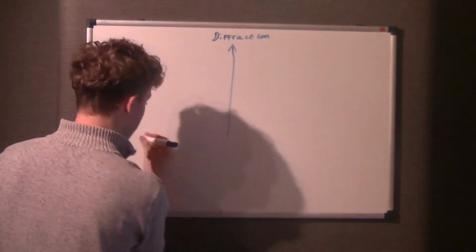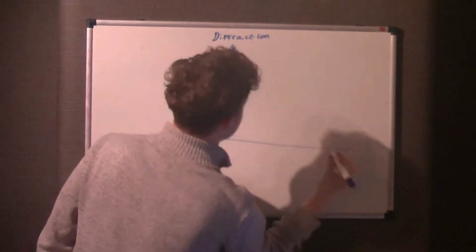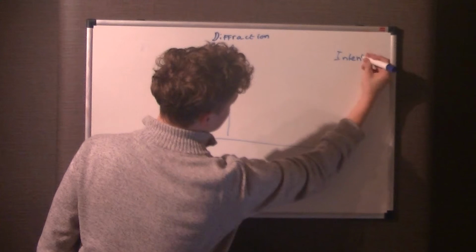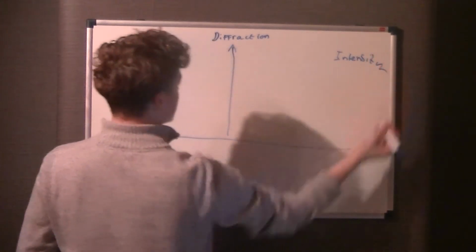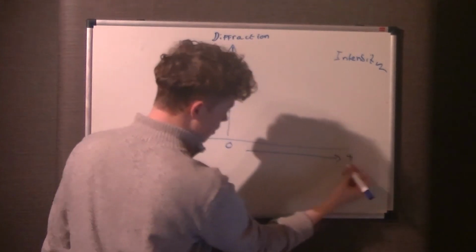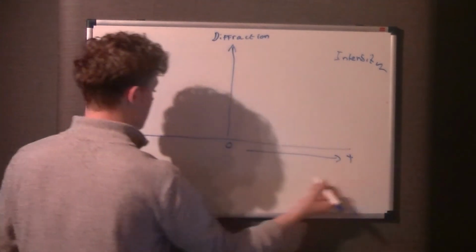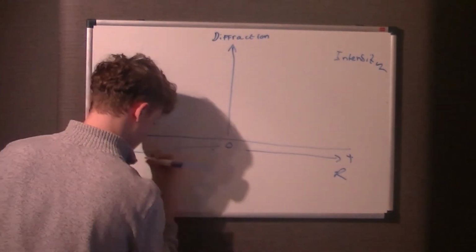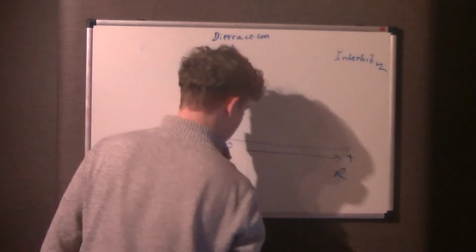So we've got our standard intensity up here, and then across the bottom we've got 0, and it slowly gets larger, it gets further away. This on the right, this is the right, and this is the left, and this is the central maximum.